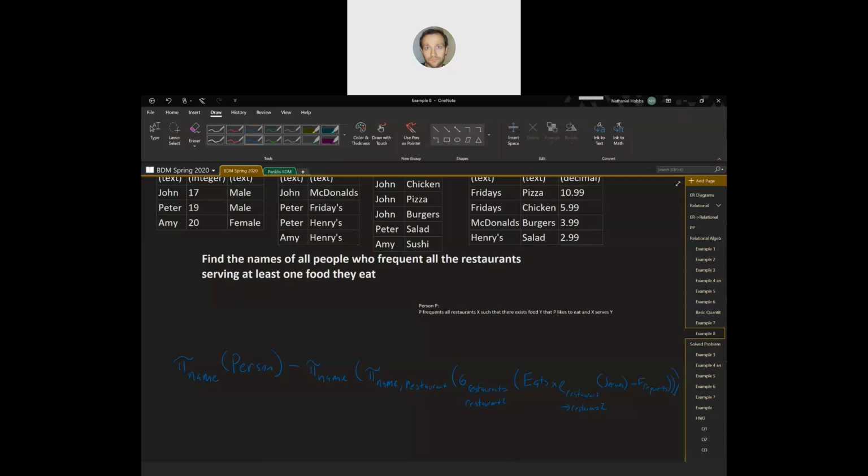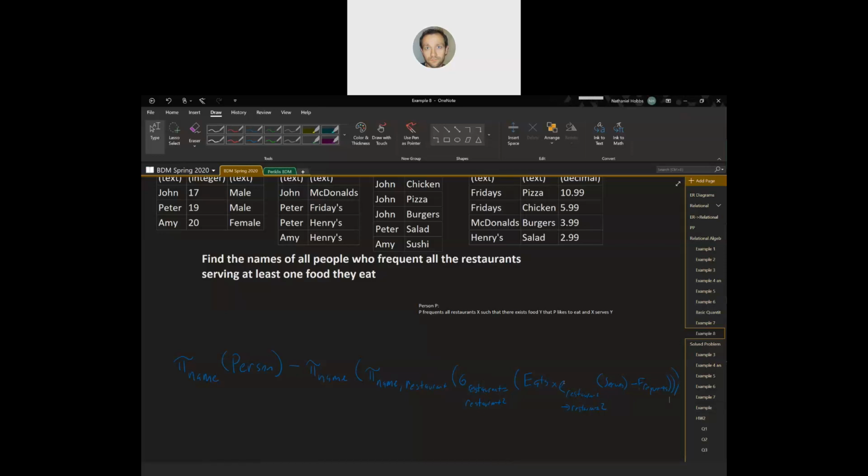So, this part, the sigma and this cross product with a row, is just doing an inner join.